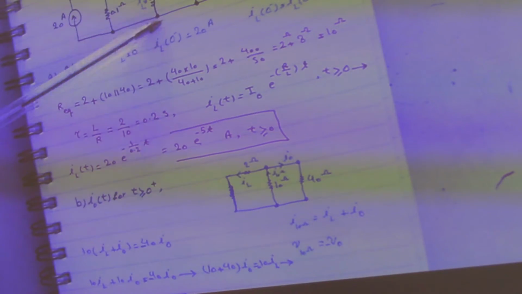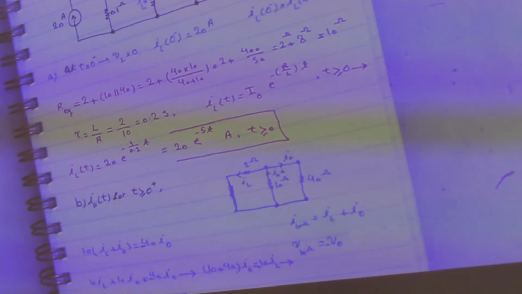So we know that when an inductor stays in a circuit where the power supply is constant, there is no di over dt. So after a long time, the inductor acts as a short circuit.